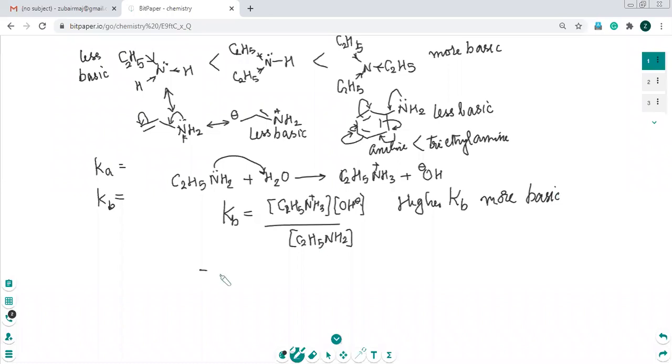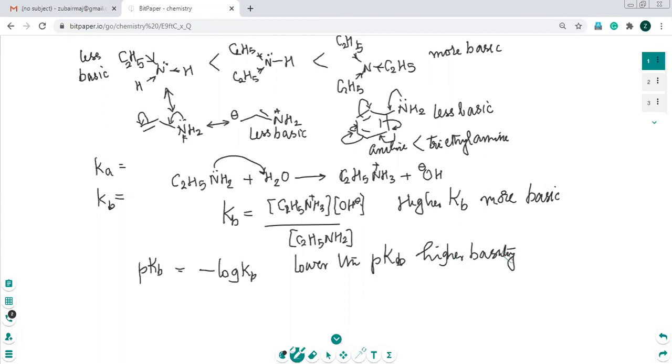If we take the negative logarithm of this, you call it pKb. Since it is negative, the lower the pKb value, the higher the basicity.